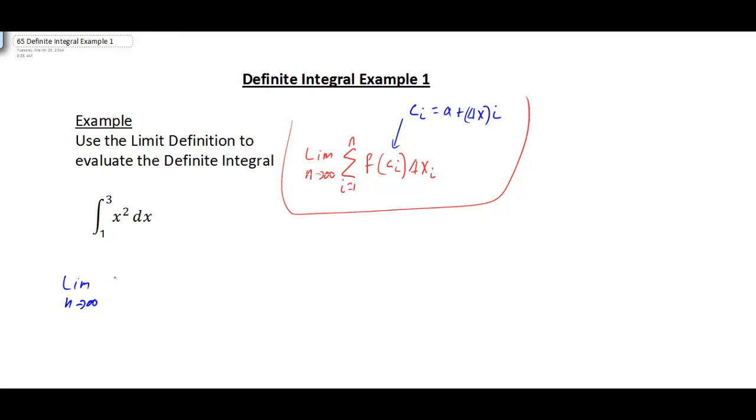and the sum is going from i equals 1 to n, and we need to identify what is going to be the width, or in other words, what is dx, what's the width of each of our rectangles going to be equal to.